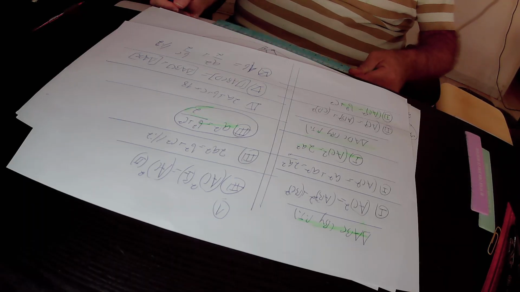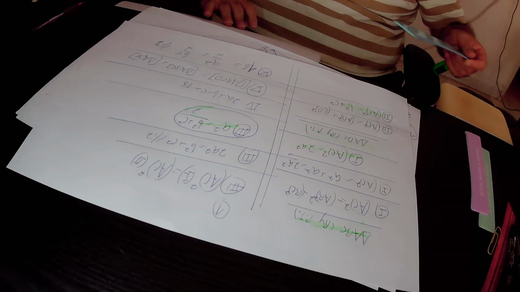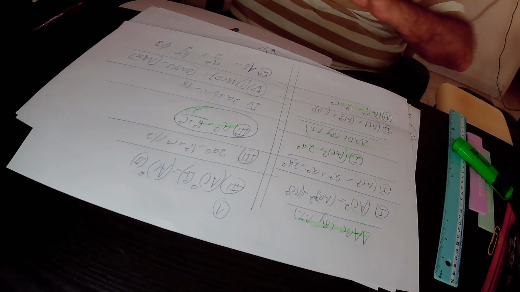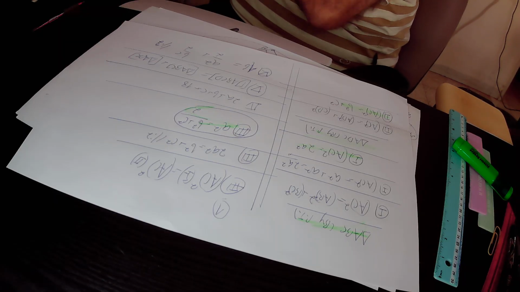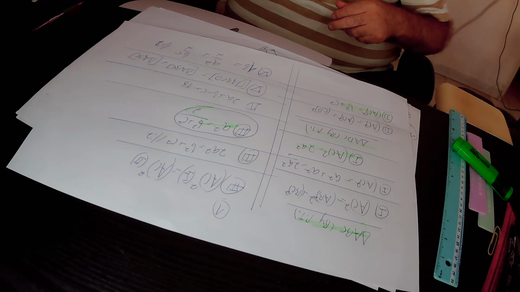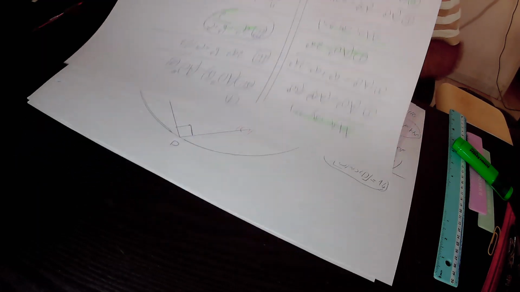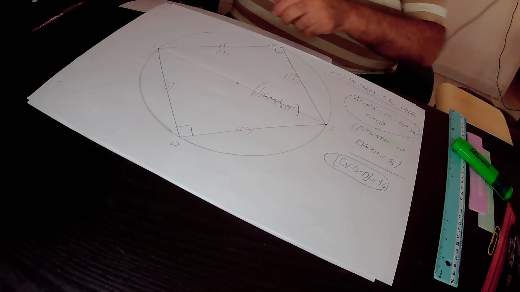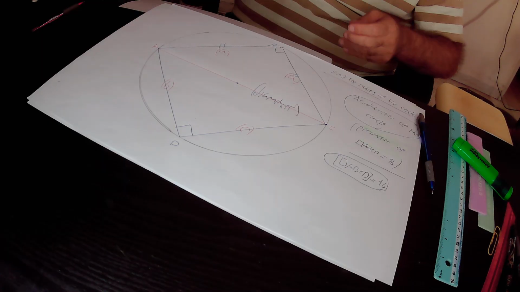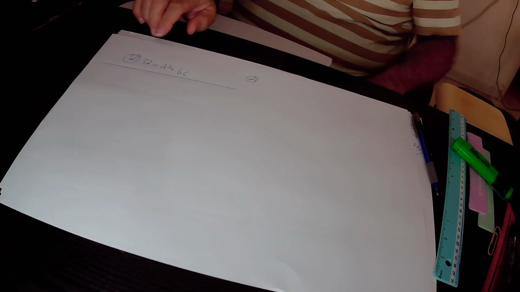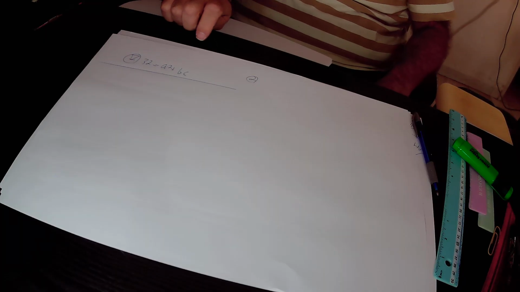So in total, according to equation 5, we found that 32 equals A square plus BC.